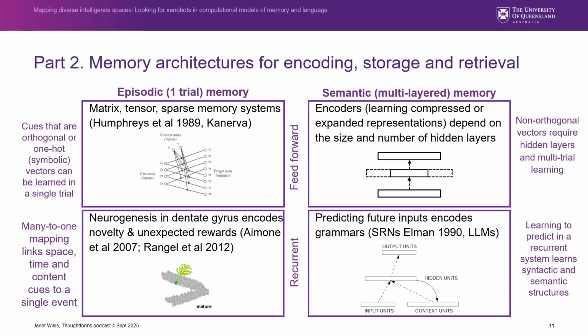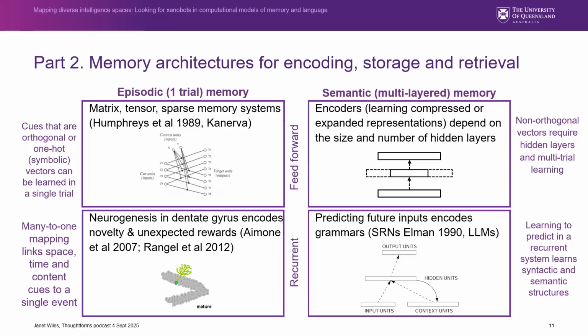And what they do in this region is they encode novel events and also unexpected rewards. And Brad Aimone created a beautiful model of this. And then Laura Rangel in Andrew Chiba's lab actually tested it in rats and showed over different time periods these cells integrate and collect together information over time. So these are episodic memory systems.